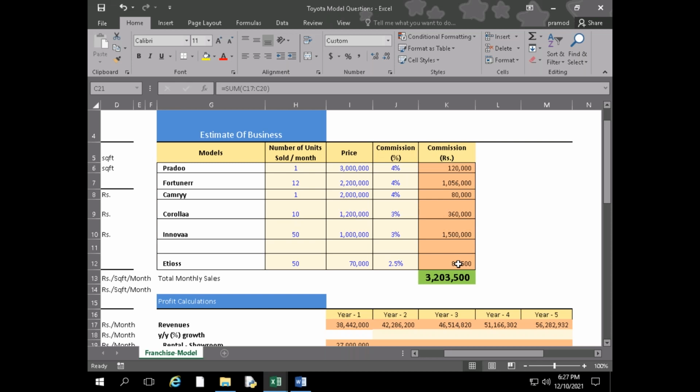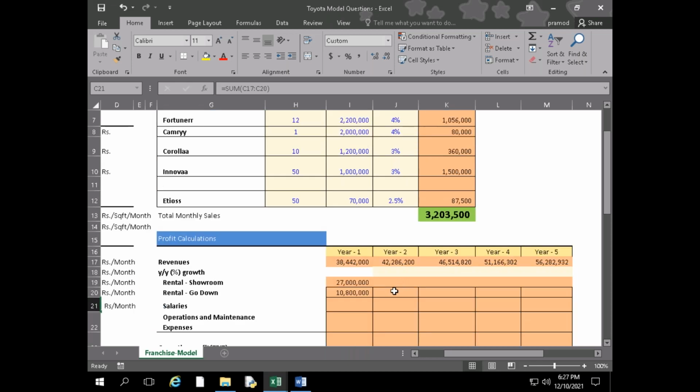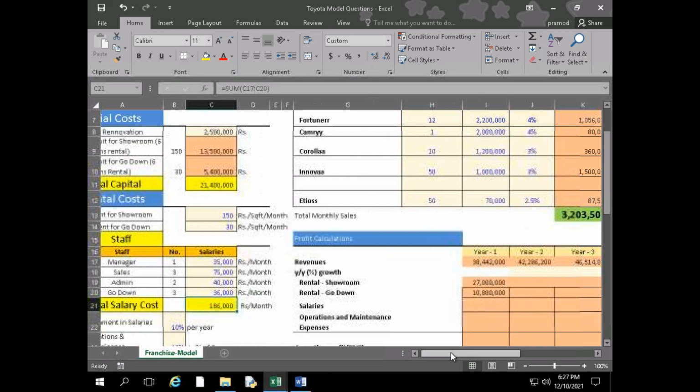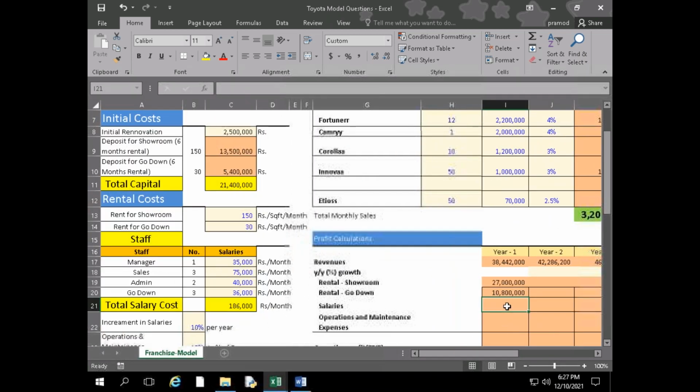Now you take the godown salary, sir. For godown, into three, three employees, no? Okay, sir. Yes, sir.